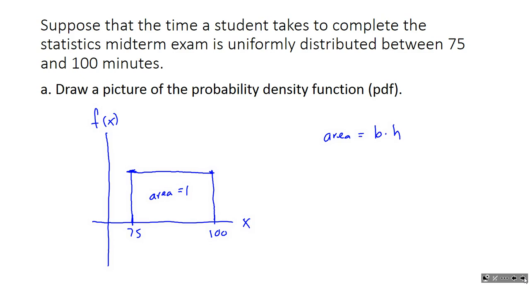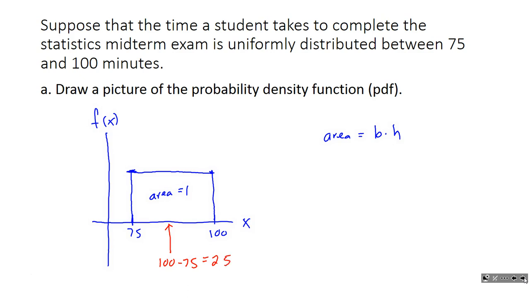So how long is the base? The base is the distance from 75 to 100. You can get it by subtracting the left-hand border from the right-hand border: 100 minus 75 equals 25.